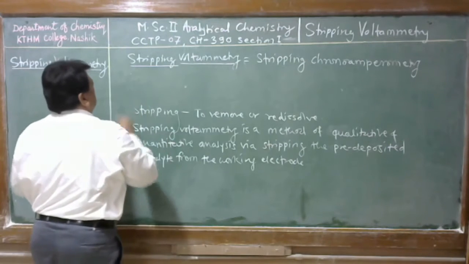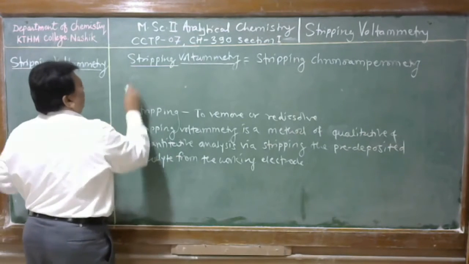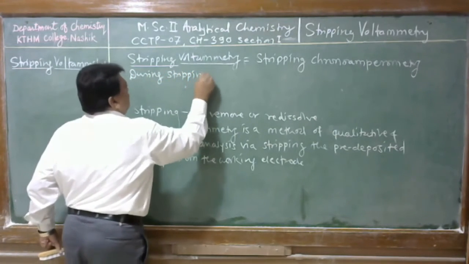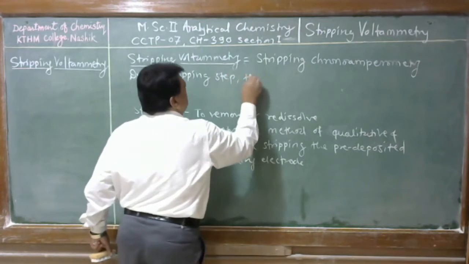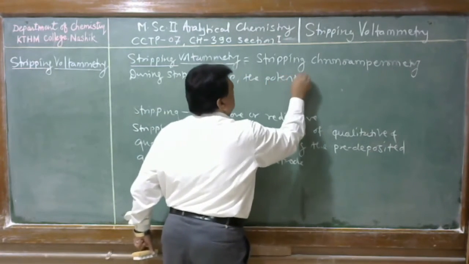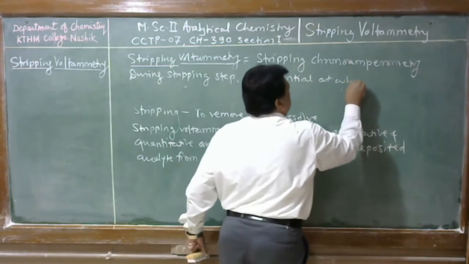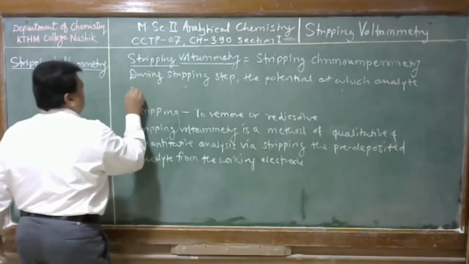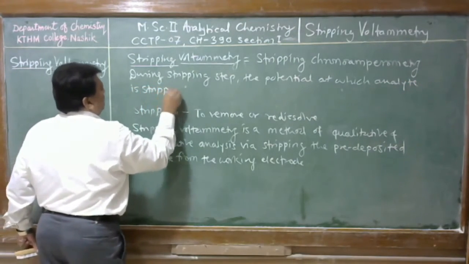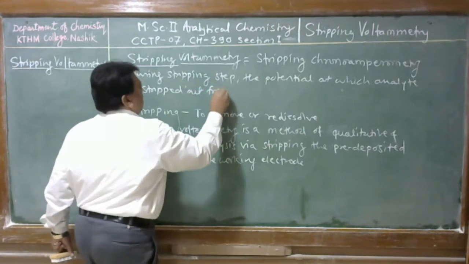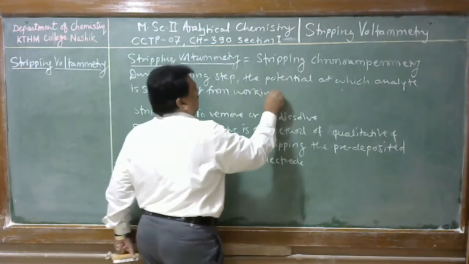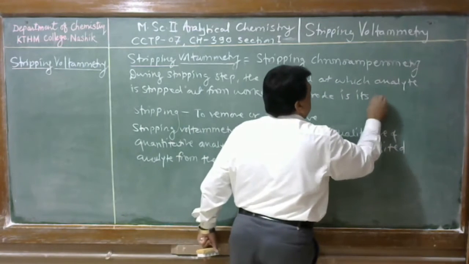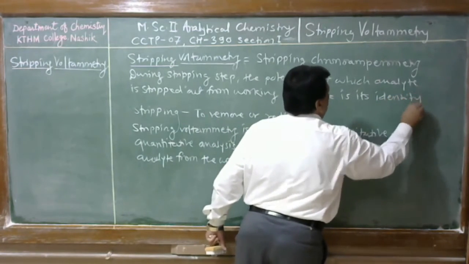During the stripping step, the potential at which the analyte is stripped out from the working electrode is its identity. Why?